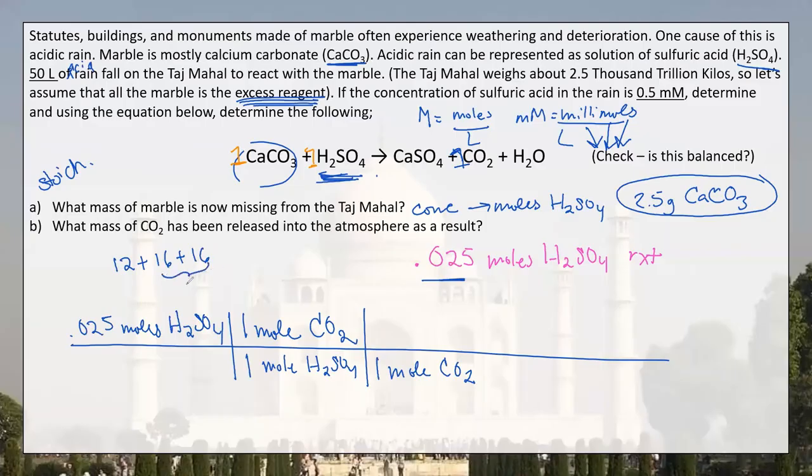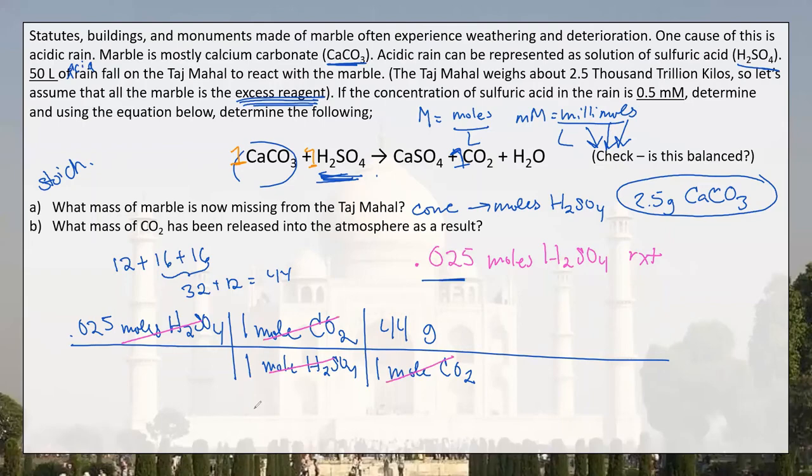These together are 32 plus 12 equals 44, right? So 44 grams for 1 mole CO2. Cross out, cross out, cross out, cross out.